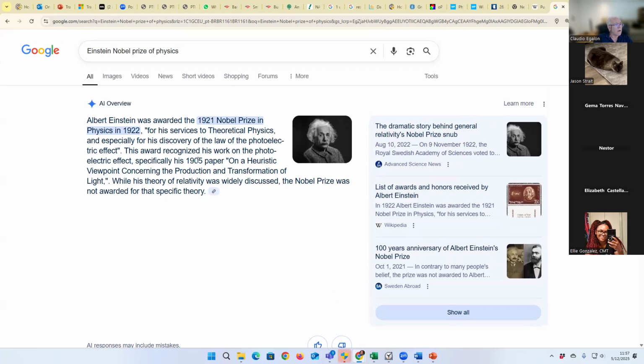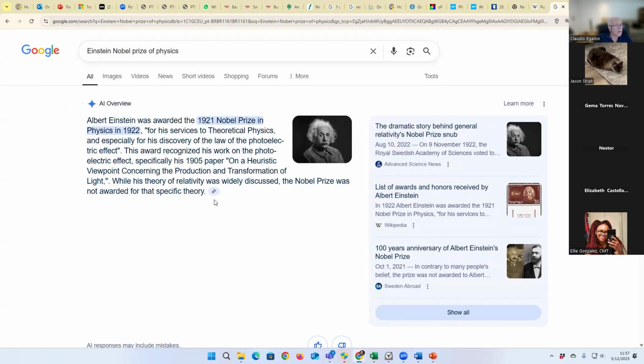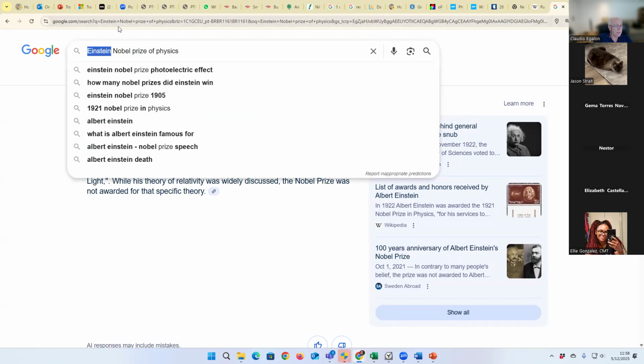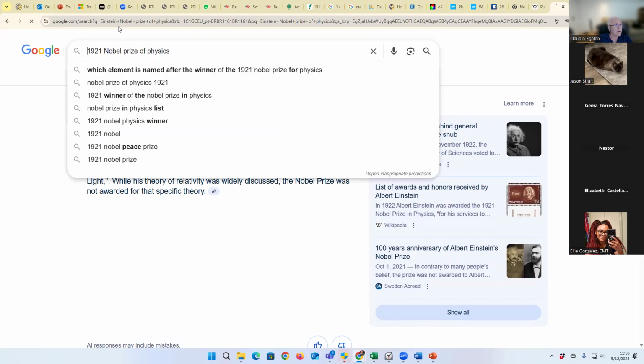The work was around at the beginning of the century, 1904, 1905. And let's see, 1922, right? Let's take a look here. 1921, Nobel Prize of Physics.